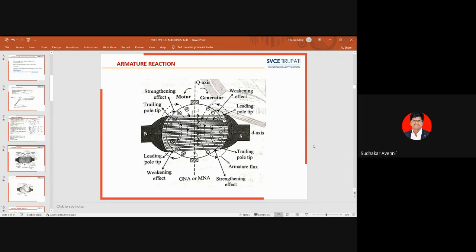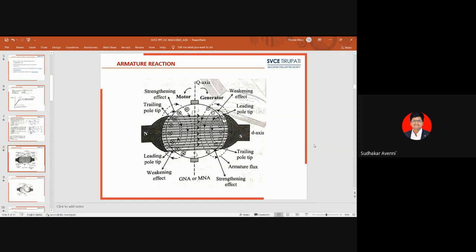Because of this, there will be a cross magnetization effect and a demagnetization effect, and the MNA will shift from GNA. Based on the load we connect, the MNA is shifted from GNA. So this is a main important question on armature reaction from the GATE point of view.